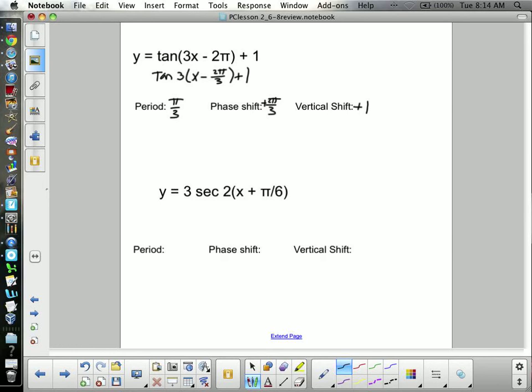Is the normal period 2 pi over b or pi over b? So when you're setting up your period, stop and think twice: wait, which function is this? This one is secant, so the normal period for secant is 2 pi. So I have to go 2 pi over b for this one.